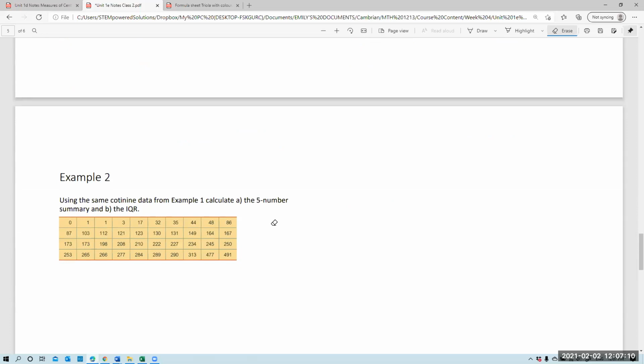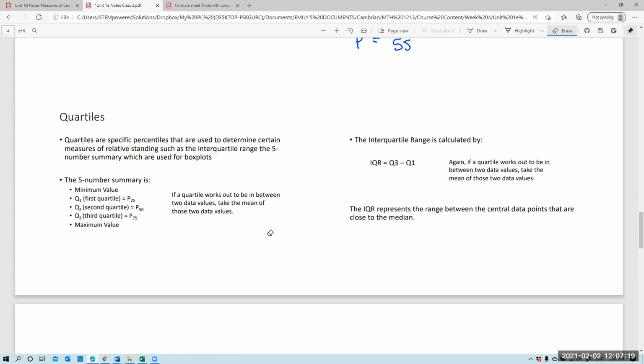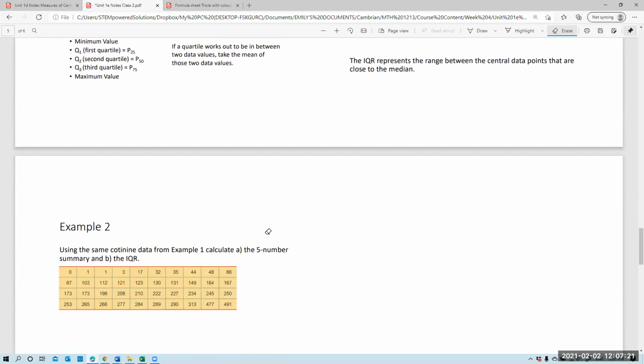Okay, example 2. Using the same cotinine data from example 1, calculate the 5-number summary and the interquartile range.